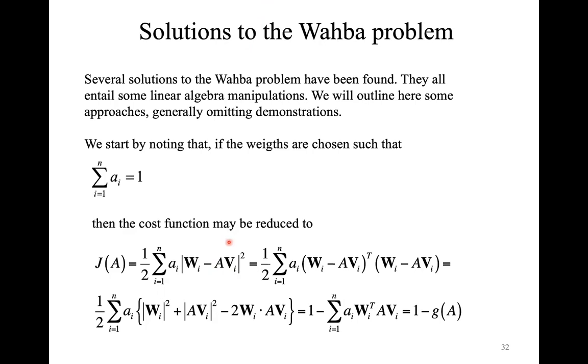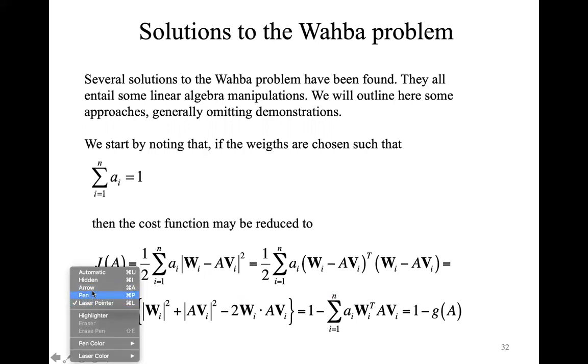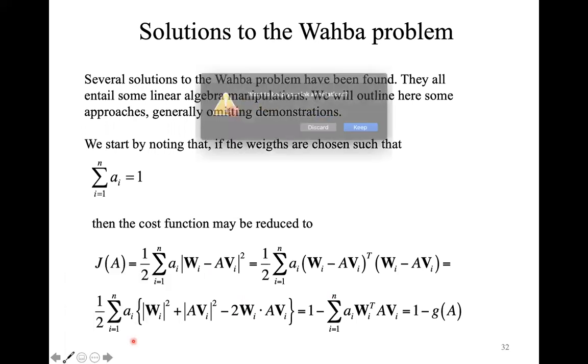Okay? In matricial form, the square of this norm of this vector is written as the transpose of that vector times the vector itself. Let's write it just to be sure that we are on the same page.